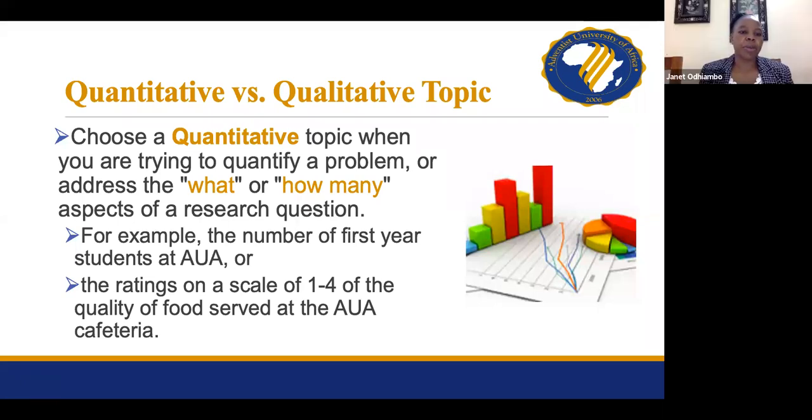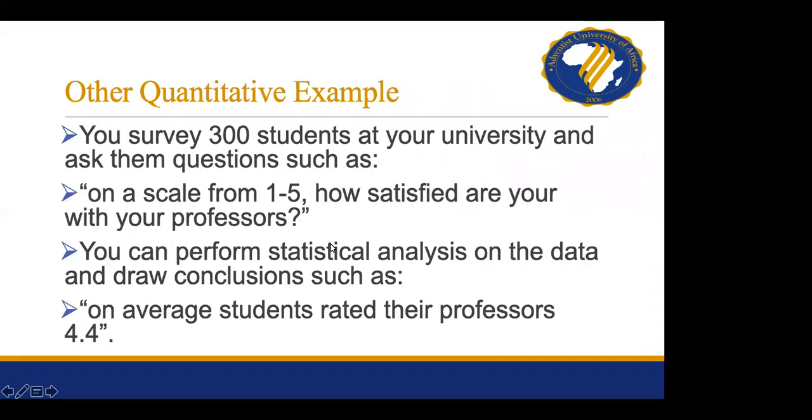Or for example, if I want to know the rating, maybe on a scale of 1 to 4, of the quality of food served at our cafeteria, then now this is a quantitative approach. So I will go for a quantitative topic.